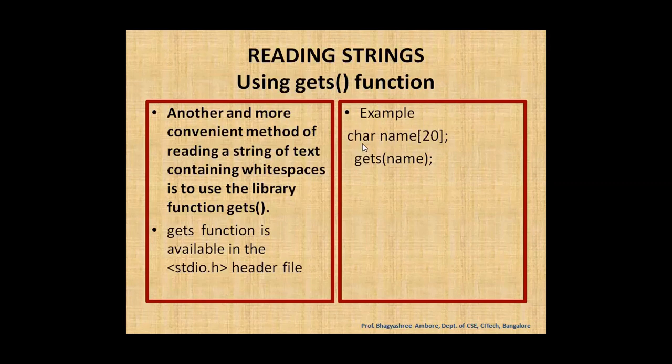So what is the general syntax for using a gets function? char name[20]. I have made one declaration of a character array, just 20 characters it can read. Normally we use gets(name). What is the meaning? Get a string in name. So whatever you have entered at the terminal will be taken in this name.